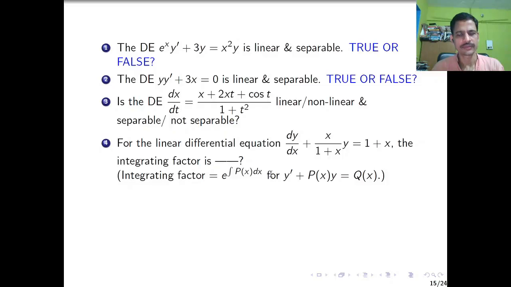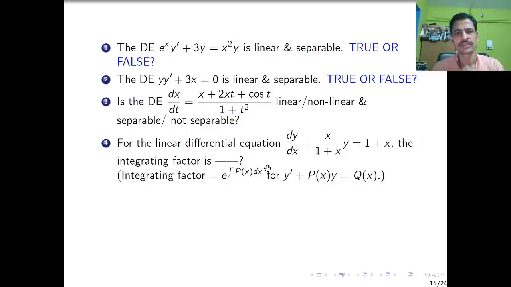You must have attempted this question now. So you recall that the integrating factor is e raised to the integral of p(x) dx, where the differential equation is y dash plus p(x) y equals q(x). So here you can see p(x) is x divided by 1 plus x.